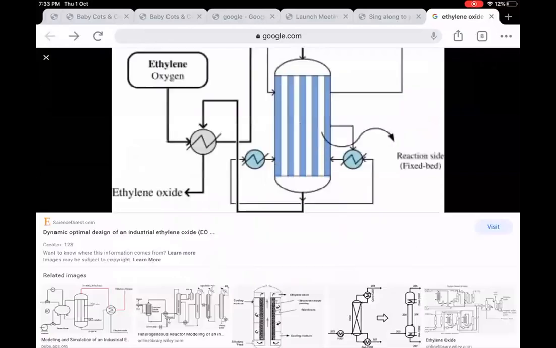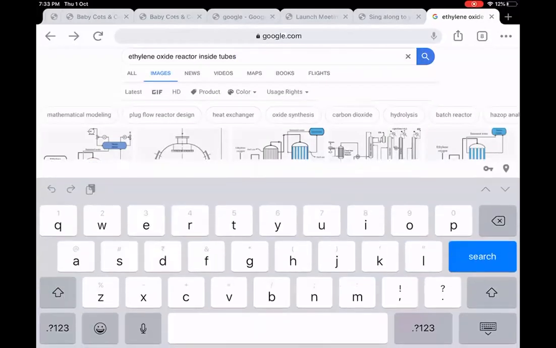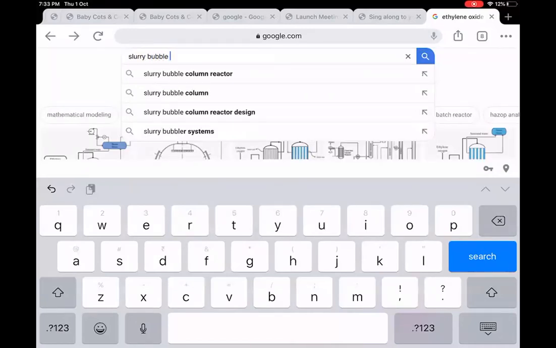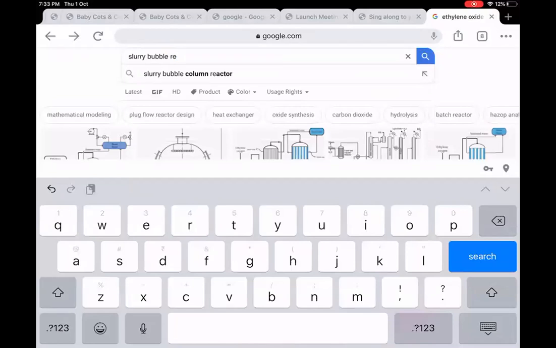And then another thing that you see is slurry bubble reactors, used in Fischer-Tropsch synthesis. Fischer-Tropsch synthesis goes back to World War II.